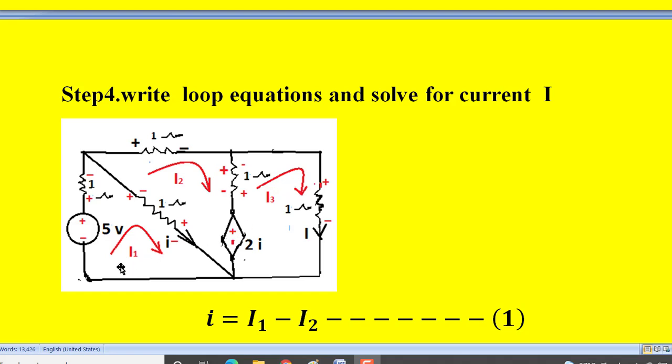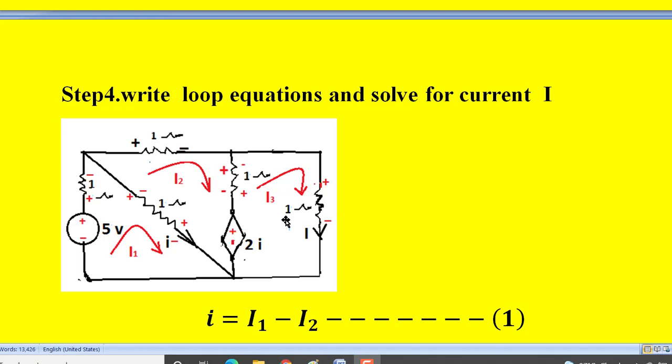This is loop 1, and its loop current is assumed as I1, in the clockwise direction. This is loop 2, and its current is I2, flowing in the clockwise direction. Coming to the third loop, the loop current is I3, flowing in the clockwise direction.